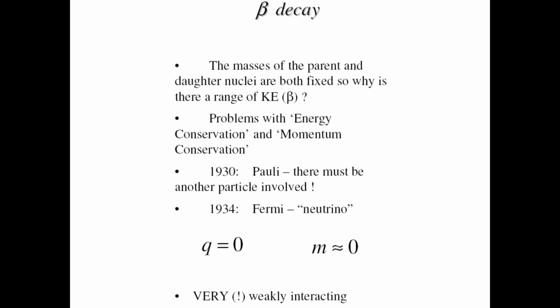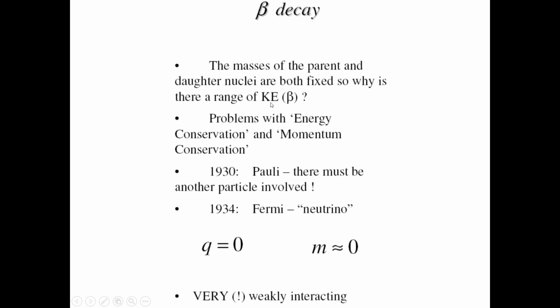So, beta decay again: what actually happened during beta decay? You know that the masses of the parent and daughter nuclei are both fixed. During beta decay, the masses of both the parent and daughter nuclides remain the same. So the question is, from where do we have the energy for the beta particle?